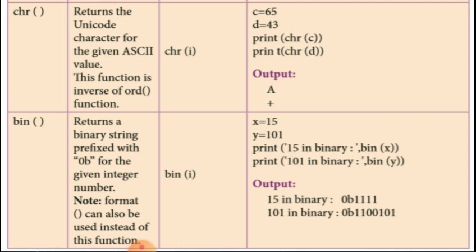Now we see the bin function. Here it is purposefully used only to convert the value into binary, not octal or any other format. See, x is equal to 15 and y is equal to 101. In the output we can see the converted value for 15, and it prints with the prefix 0b.